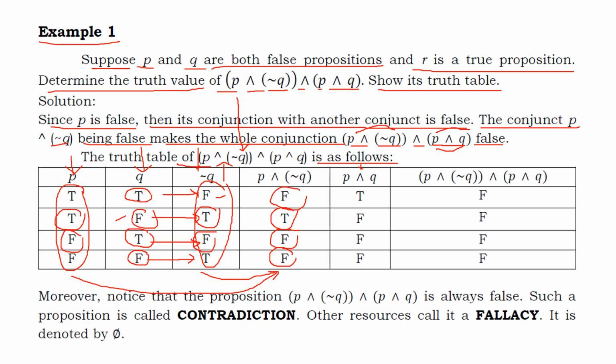Now, if they are both false, then your P conjunction Q is a false statement also. So that's how we assess.